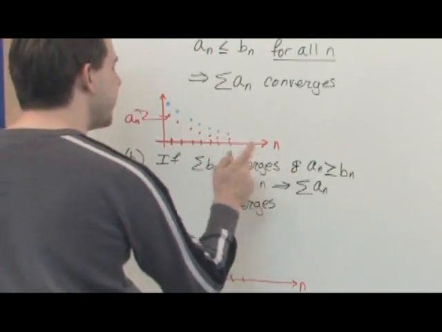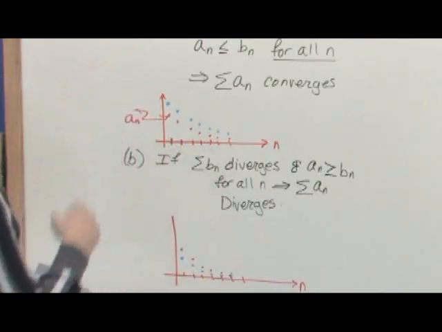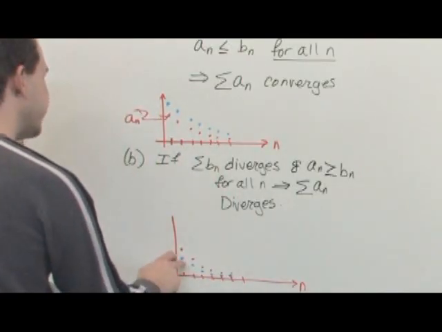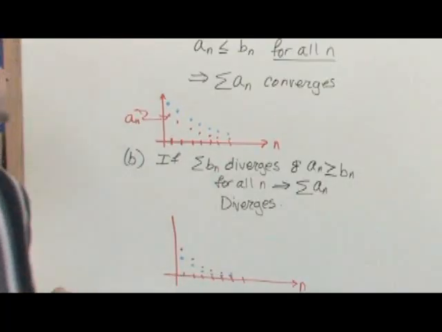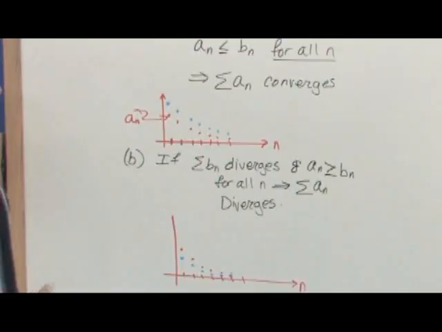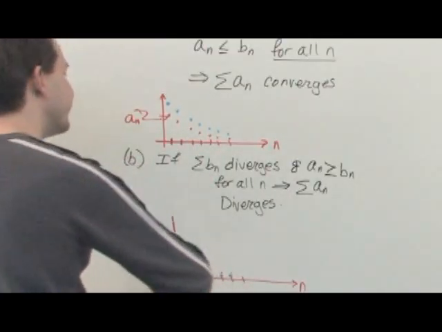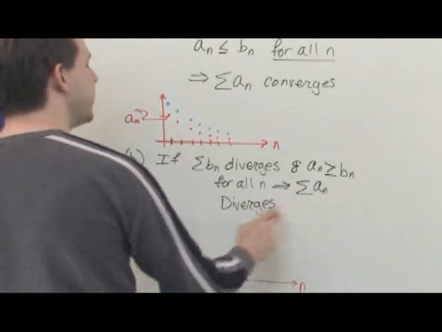If you choose an equivalent series b sub n that you pull out of thin air, and if you can show that every element you add together in b sub n is less than the corresponding element in a sub n, so it's below a sub n instead of being above like it was before, and if you prove that b sub n diverges, in other words explodes and goes off to infinity, then you have proven that a sub n also diverges.